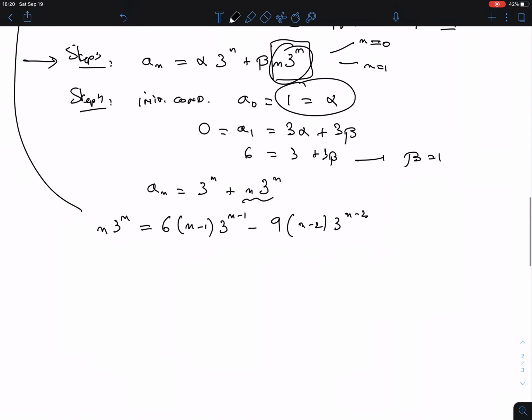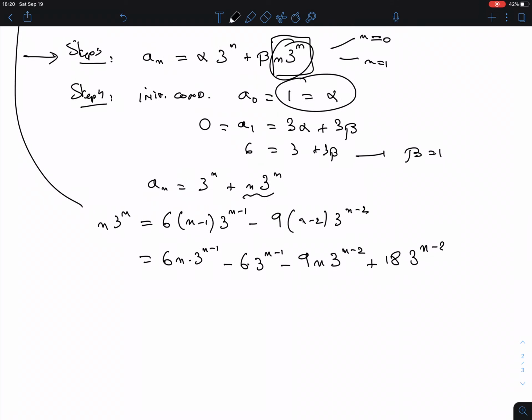Well, let's work all this out. That would be 6n times 3 to the n minus 1 minus 6 times 3 to the n minus 1 minus 9n times 3 to the n minus 2 plus 18 times 3 to the n minus 2, right? I'm just expanding these two guys.